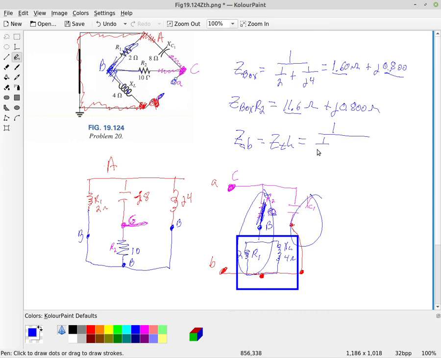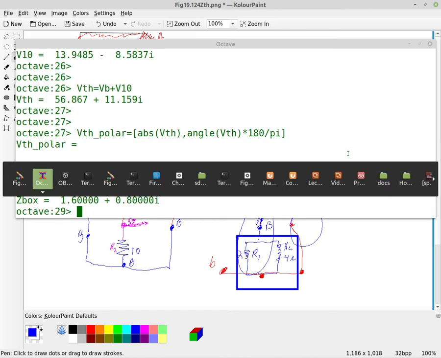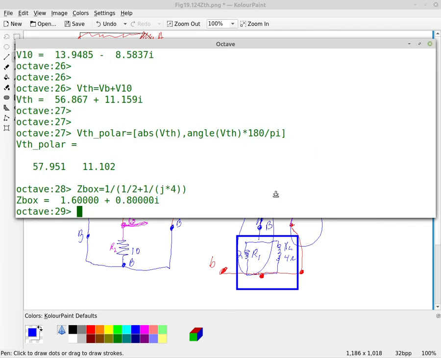So we have 1 over this Z box R2 thing going on, plus 1 over our capacitor, so that's going to be a minus J, and then our x of c value. And our x of c value was 8. All right, so now I'm going to flip back to octave to calculate that.